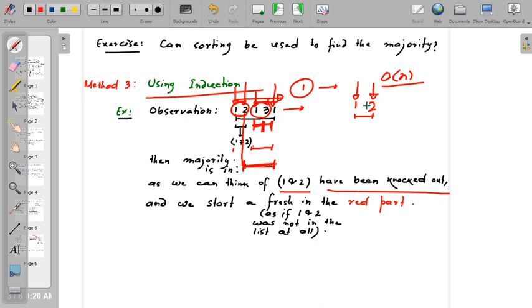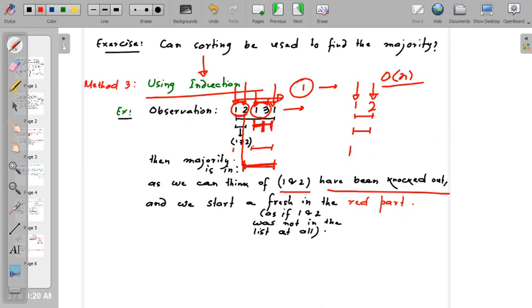And why are we saying that this is by the method of induction? Because we are proceeding incrementally. We are thinking that we have a two-element array, then we start afresh.